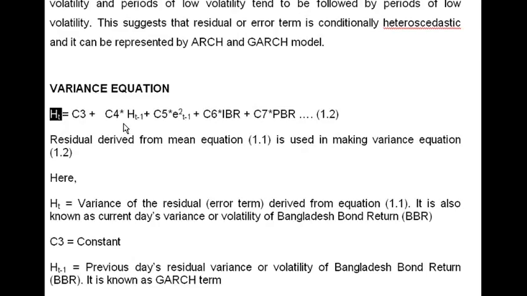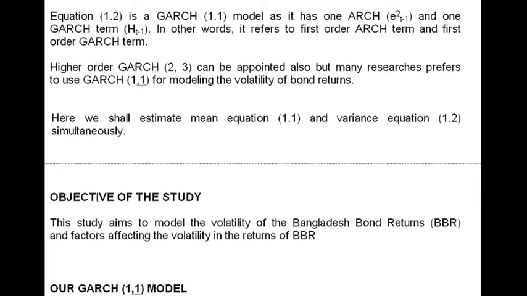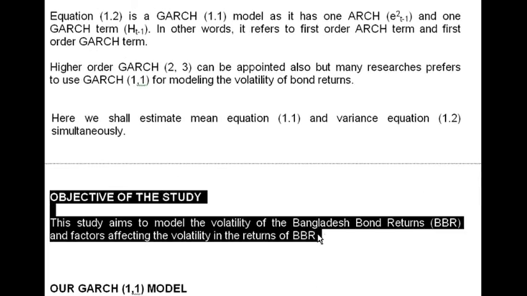So what are the factors affecting HT? Is it the GARCH term? Is it the ARCH term? Is it IBR? Or is it PBR? Or is it all of them that influence or contribute to the volatility of HT? So that is our objective of study.